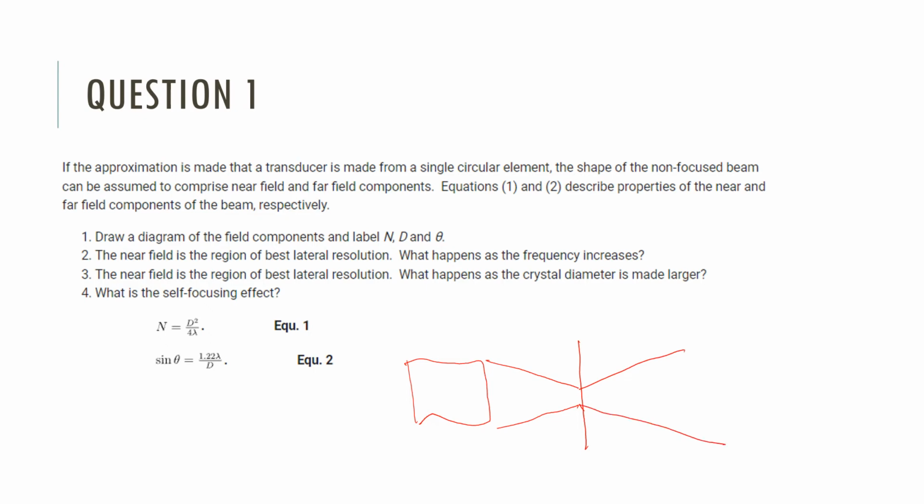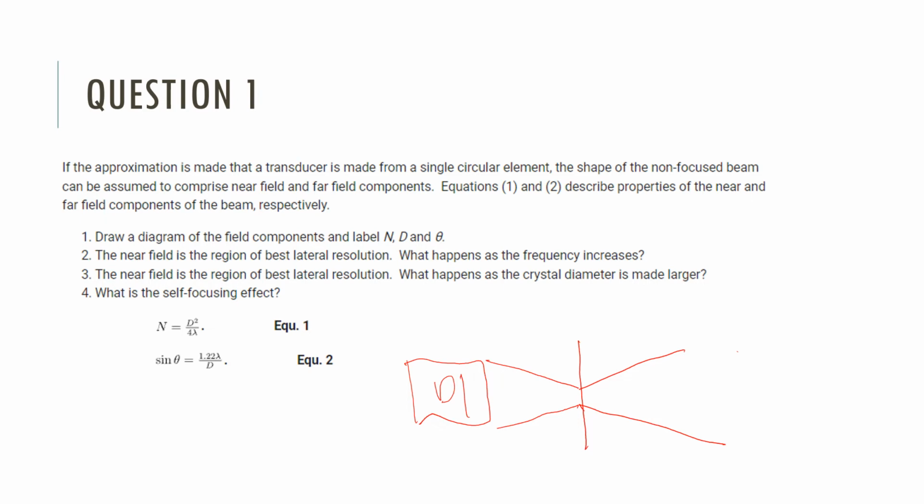Okay, so now we want to label each part of that diagram. So D, we said, would be the diameter of the transducer. So D is this value here. So this is D, the diameter of the transducer.